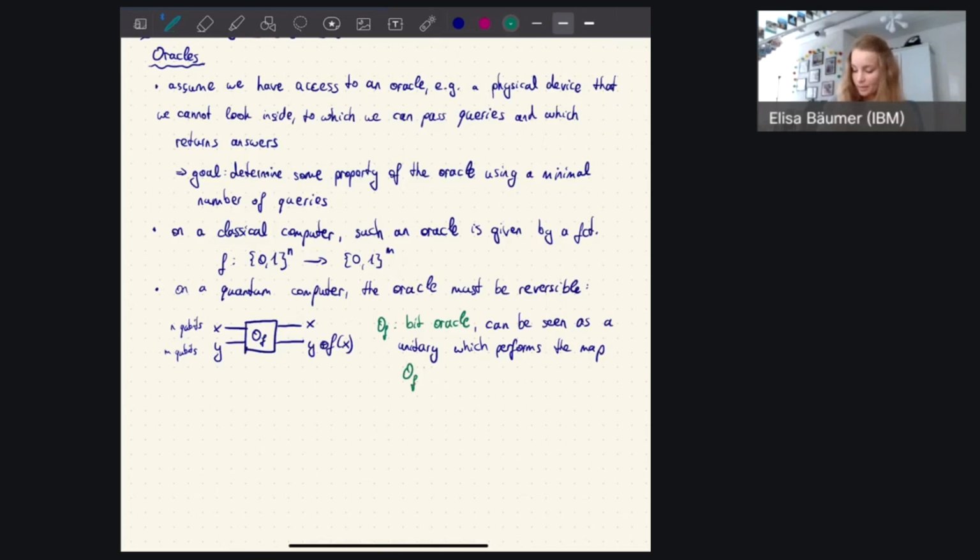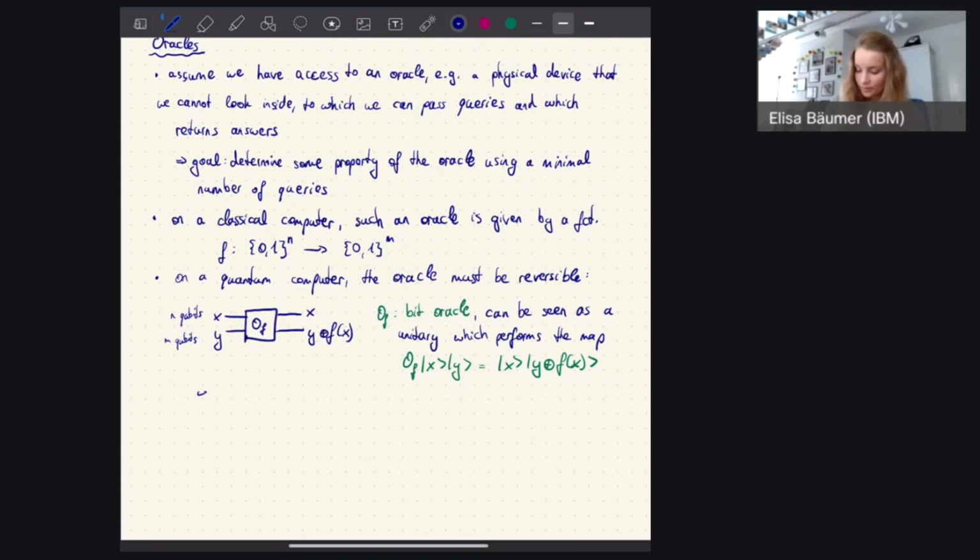And it performs the map O_f acting on x and y, the inputs, and then outputs x and y plus f of x. Sorry, actually, in the function yesterday, f of x was just x, and we output y plus x as the CNOT gate.